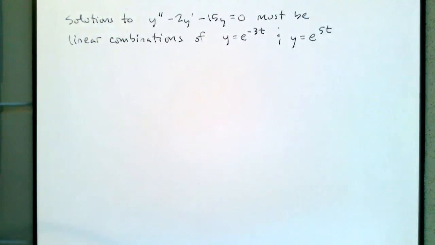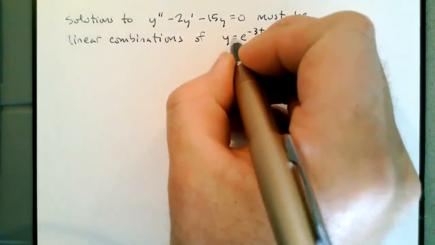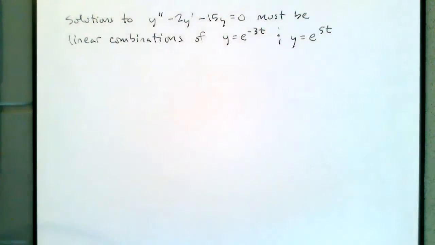Solutions to this second order equation must be linear combinations of y equals e to the -3t and y equals e to the 5t. What we mean by linear combinations is constant multiples or sums.